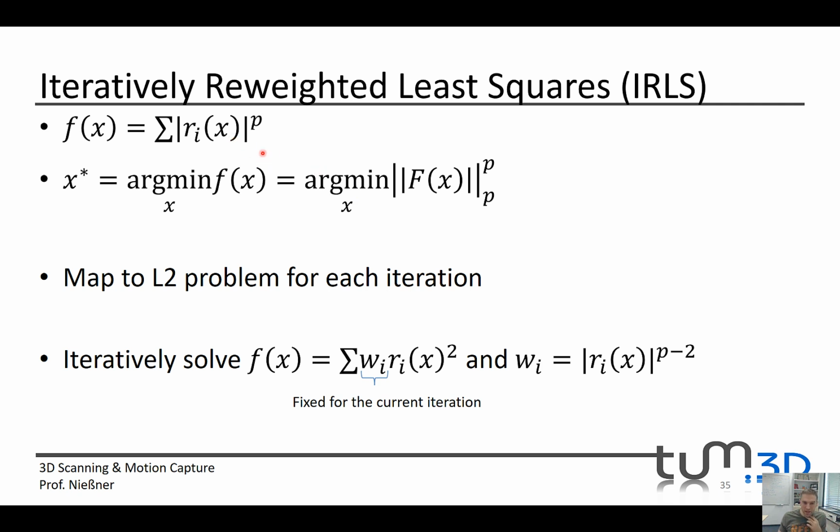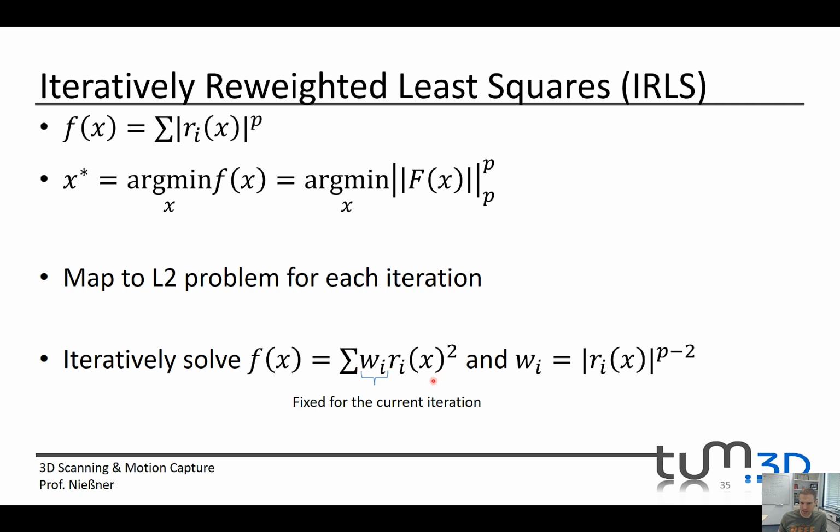And the way you do this is you basically treat the problem locally as L2. This is called iteratively reweighted least squares, IRLS. This is a very common term that people use in this area because this is very straightforward to do. And what you do is basically iteratively solve the whole thing. So you say, well, I'm going to have a function f of x. We know it's a p-norm. But what we do is we treat some part of this residual as a square.